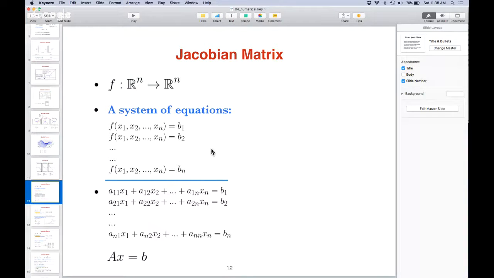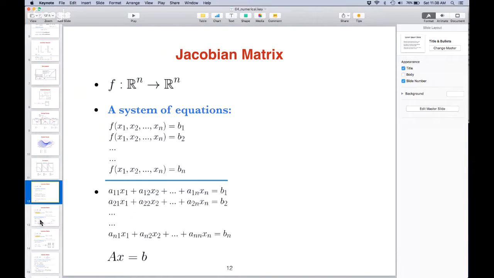If this is a linear equation, then you're in luck, because you can describe your solution by Ax equals b, and all the tools are available to you to look into the characteristic equation of A, and there are many. If A is a very large matrix, then you could use some iterative methods to solve this equation.